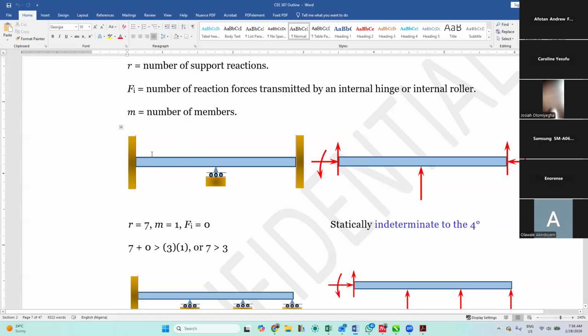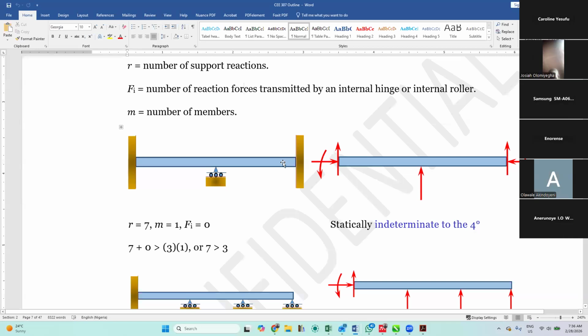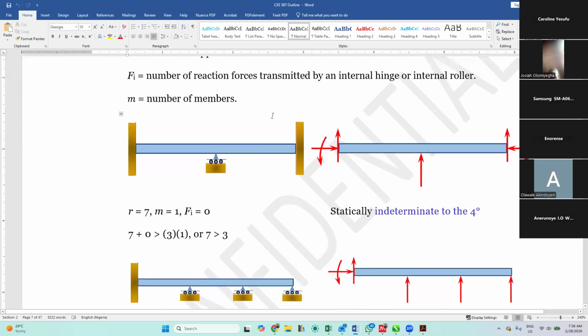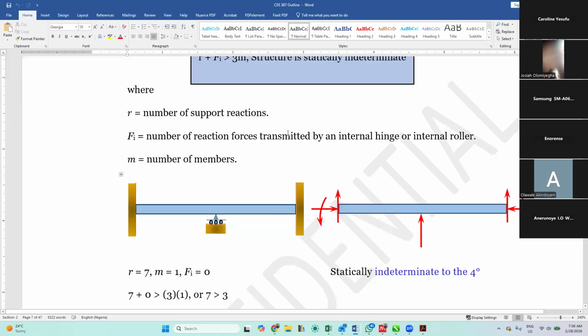We would have said this is 2 in the other one. But in alternative A, this is a single member. So like alternative A, this is one single member. Now, the number of reactions transmitted by an internal hinge or internal roller. There's no internal hinge or internal roller yet.